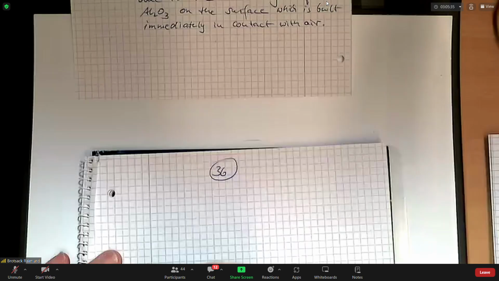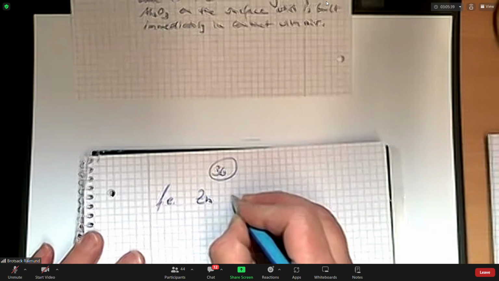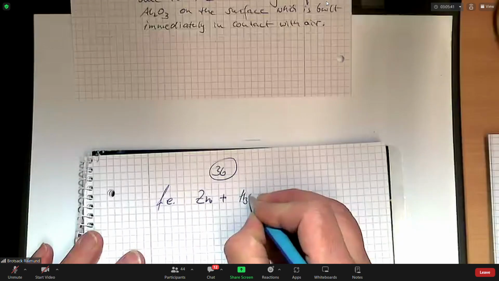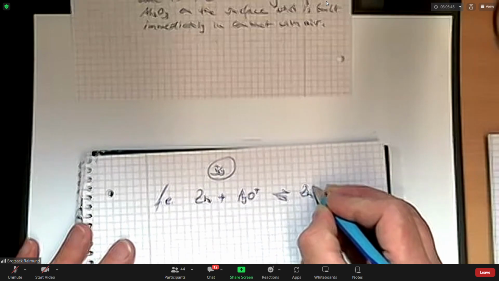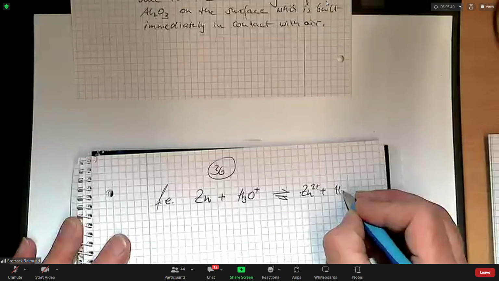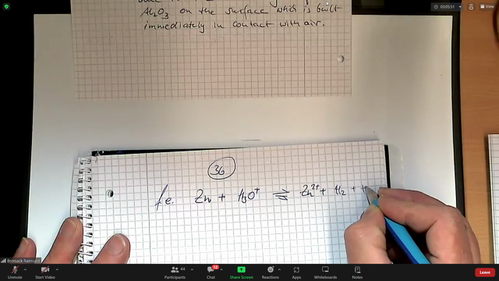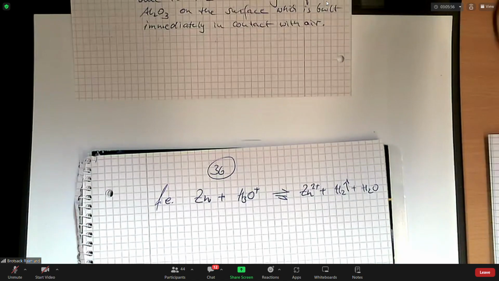When we have, for example, the zinc, and we add H3O+ in an acidic environment, the zinc is oxidized, and we will have the production of hydrogen gas and water. And the hydrogen gas, we can see the bubbles.